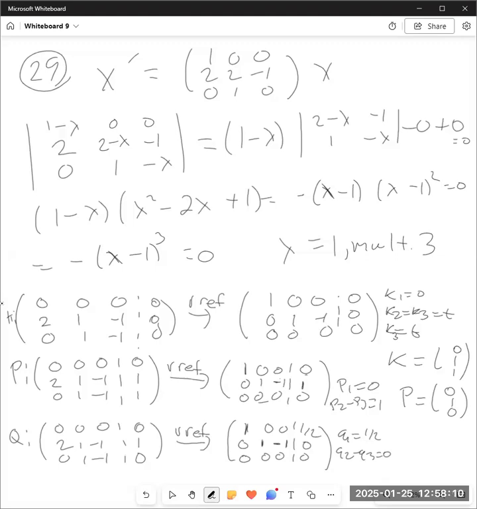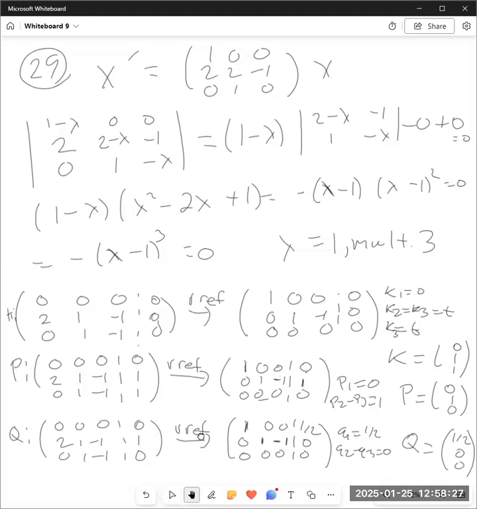Q3 is a free variable, so Q is going to be 1/2, and then 0 and 0 will work nicely so that 0 minus 0 is 0.